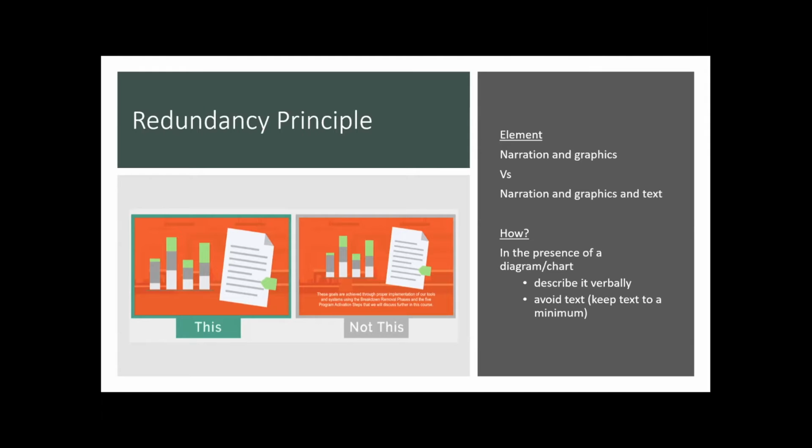But avoid redundant sources of information. That means avoid situations where you add narration, graphics, and text within the same slide, right? So again, this goes back to your coherence principle. Decide exactly what you want to put in the slide, and then let that serve as an adjunct to what you are trying to explain.